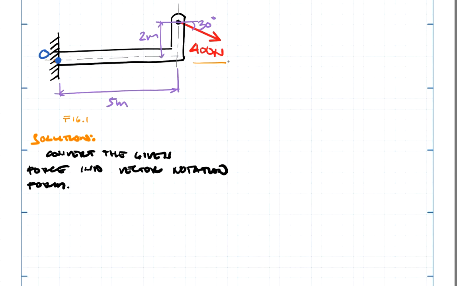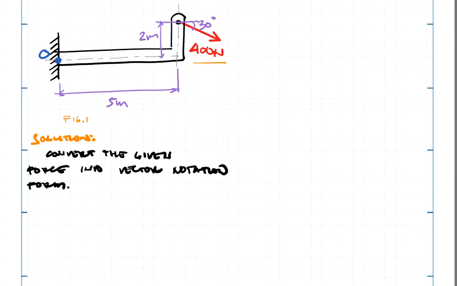How can we convert this 400 Newton at about 30 degrees from the positive x-axis? Again, let us review. From here, we need to determine the i and j components, since this is 2D.